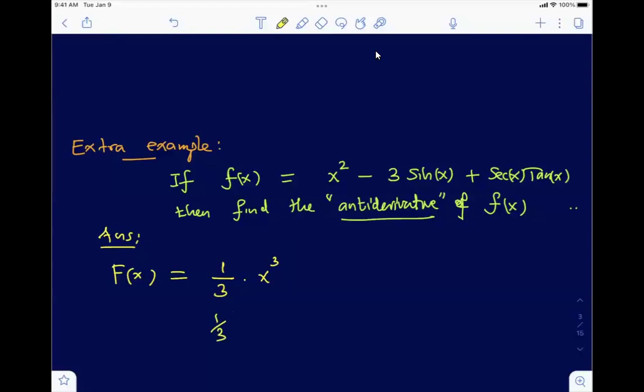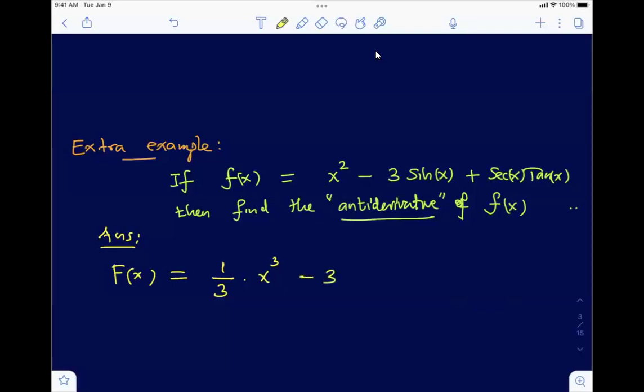You will have 1/3 in front, and then you will introduce 3x squared because you're taking the derivative of this. These two will cancel with each other, leaving just x squared. That's exactly what it is. So always when there's a mismatch with constants, you can easily play with that.